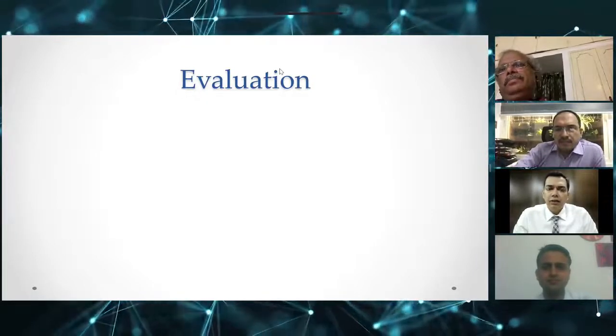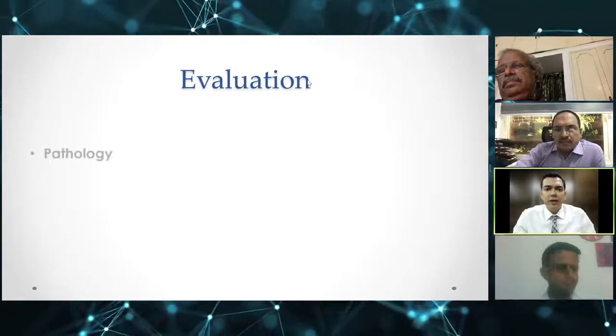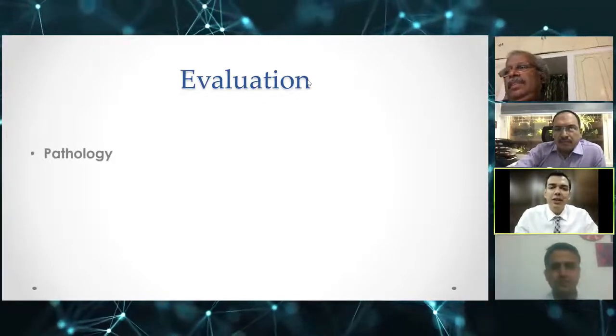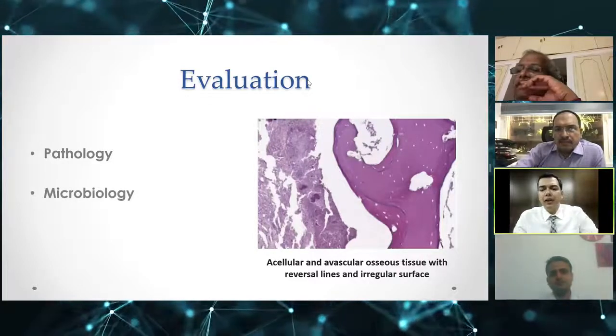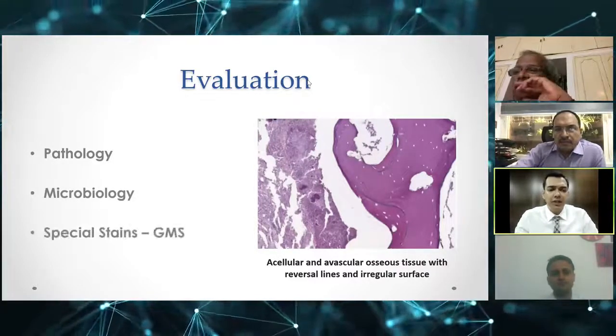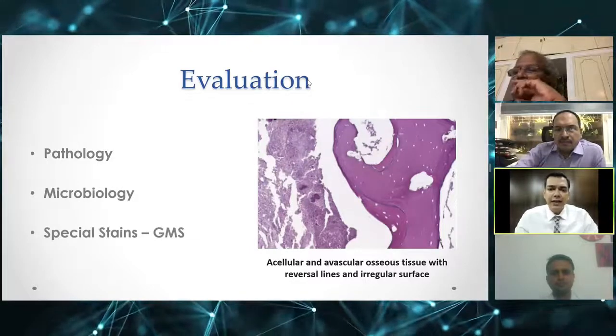Absolutely, SSNHL. So moving forward, as we have one more case to discuss. Pathology in this space, we saw a lot of dead bone and avascular necrosis. Micro we have discussed. The special stains didn't reveal any fungus.